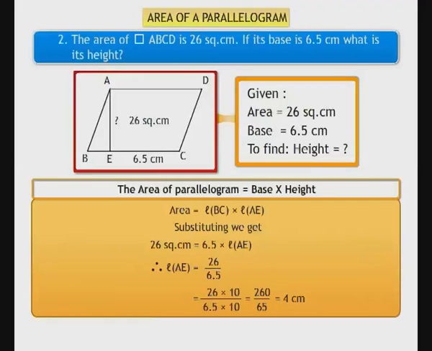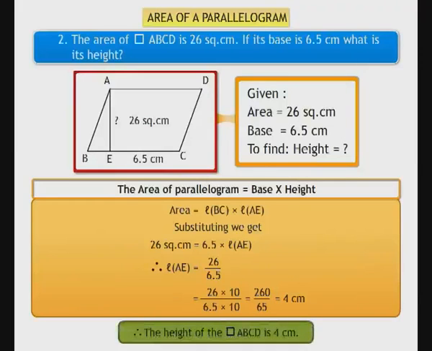1. A certain triangular plot has a base 20 meter and a height 30 meter. What is its area? Given. Base is equal to 20 meter, height is equal to 30 meter. We have to find the area. As per the formula, area of a triangle is equal to 1 upon 2 into base into height.